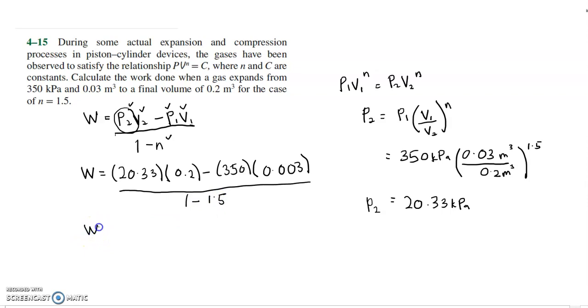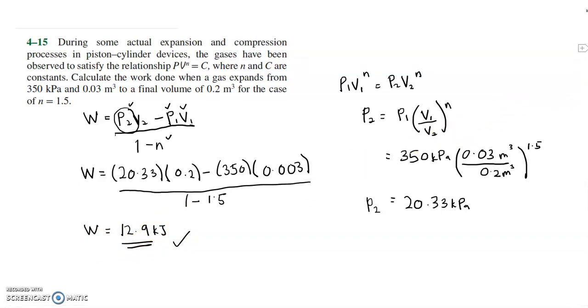So your final answer is W equals to 12.9 kilojoule. So the question asks for work done. So you have to convert this to work input. So this is correct.